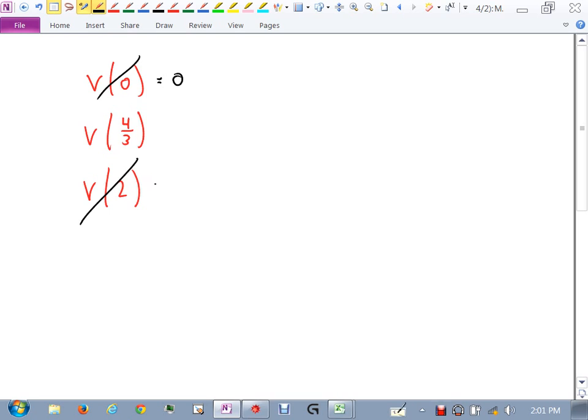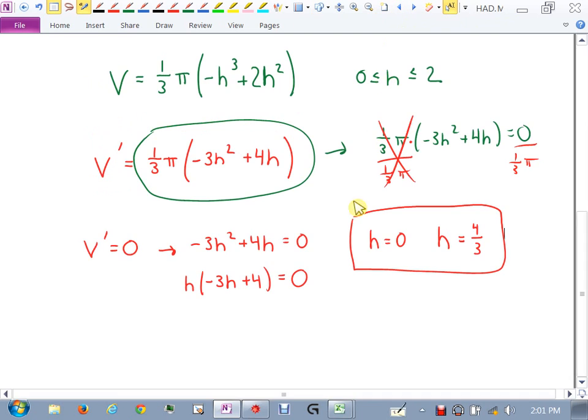But 4/3 I have to plug into my volume function, which was 1/3 pi times negative 4h cubed. I'm just going off memory now. I think I'm wrong. That's negative 3 plus 4h. Forget it.